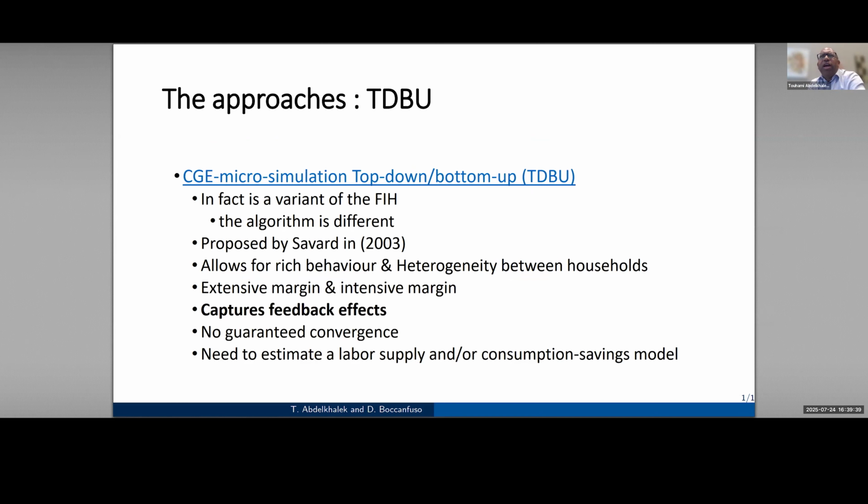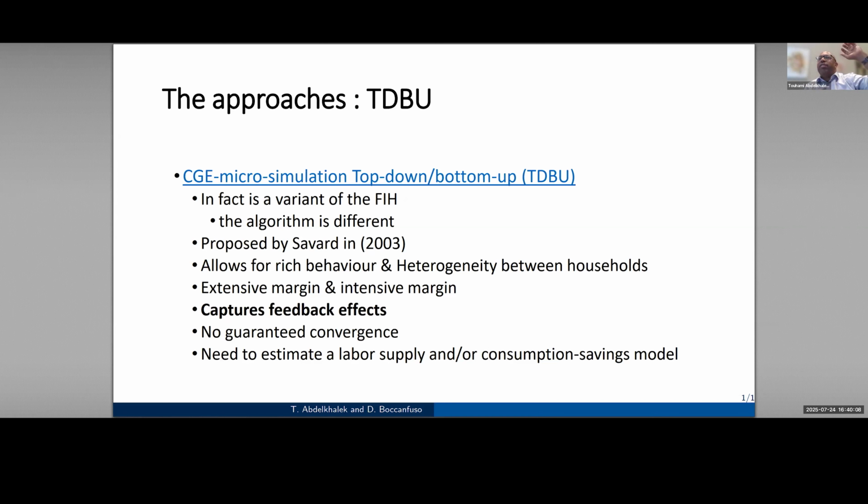I think it's one of the seminal papers produced by our colleague Luc Savard, who is the co-author of the book presented yesterday by Shahir. Luc was our colleague here in the faculty, and in his thesis, with Bourguignon, they worked on a top-down and bottom-up microsimulation approach from a CGE perspective, with an application for the Philippines.